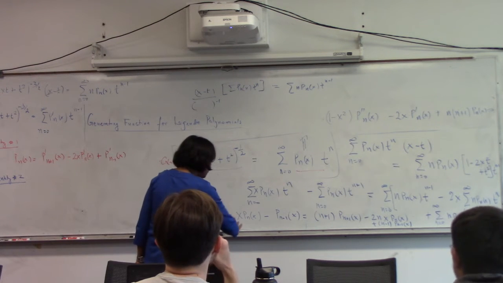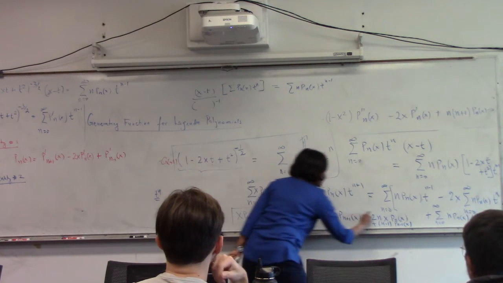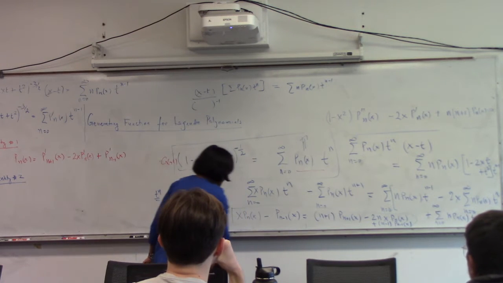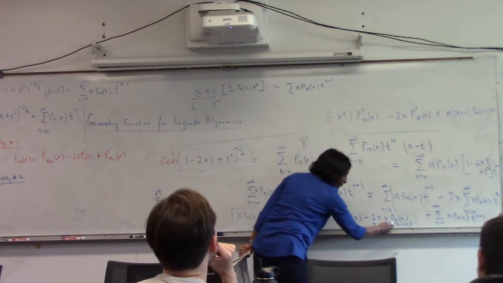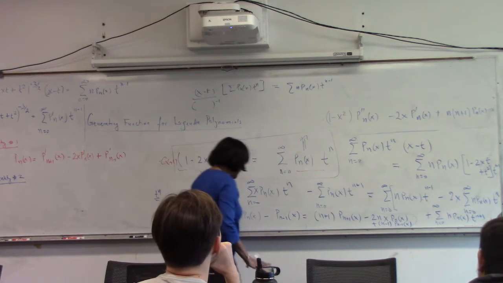So when you look at this expression, I have a negative p sub n minus 1 here, and negative p sub n minus 1 there, so I can cancel that.